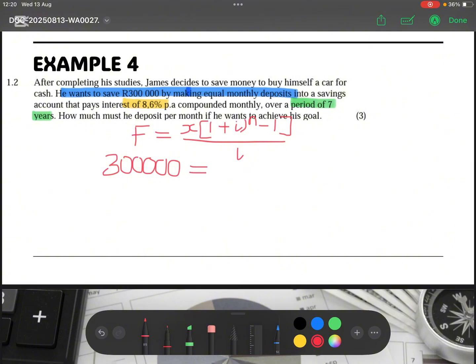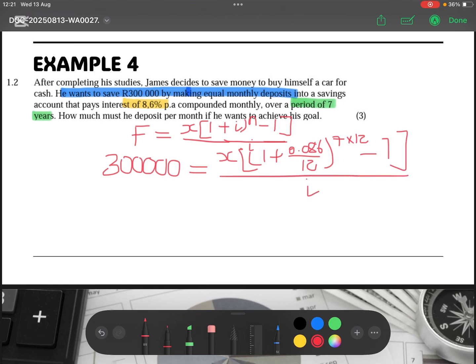We're looking for the monthly installment, so x is the monthly installment, into 1 plus the interest rate, that is 0.086 divided by 12, because it's compounded monthly, and then to the power of n. And what will be our n? Our n will be 7 multiplied by 12, and then you subtract 1.